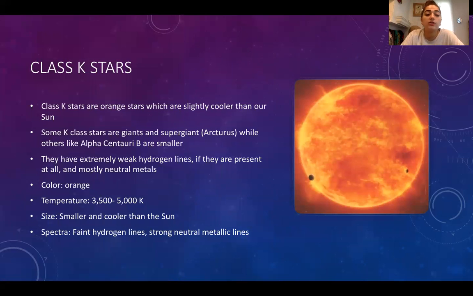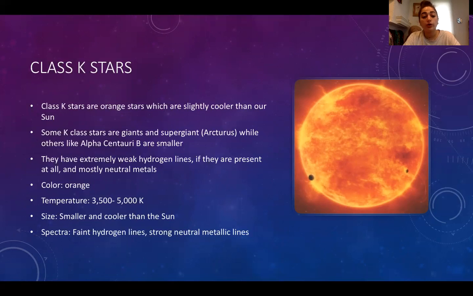For class K stars, they are orange, which are slightly cooler than our sun. So some K stars are giants and supergiant. An example is Arcturus, while others like Alpha Centauri b are smaller. They have extremely weak hydrogen lines. Sometimes they're not present at all, but mostly they have neutral metals.